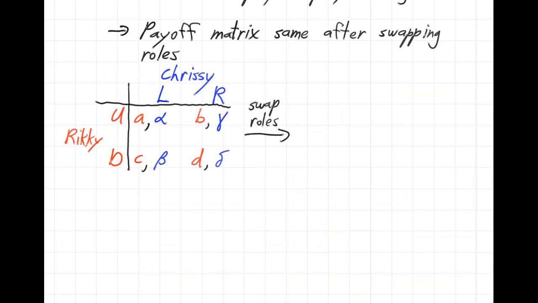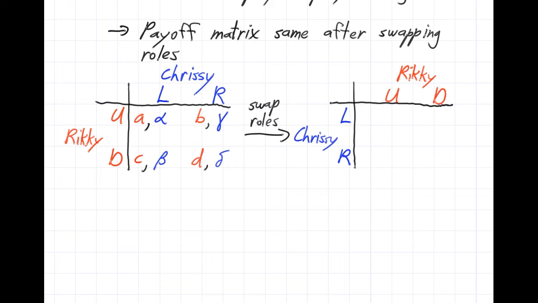Well, we'll have Chrissy as the row player with options L and R, and Ricky as the column player with options U and D, and we just have to fill in the payoffs. The payoffs are going to be exactly the same as each box in the original matrix, except we have to order them in the right way.